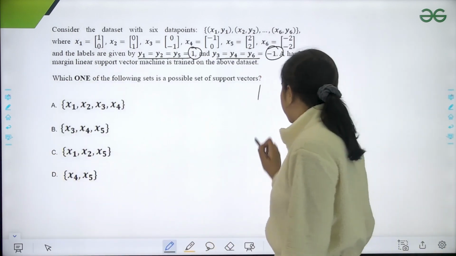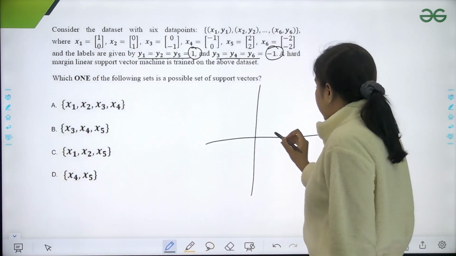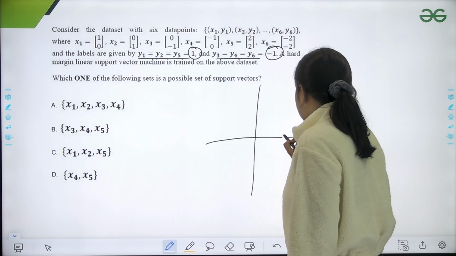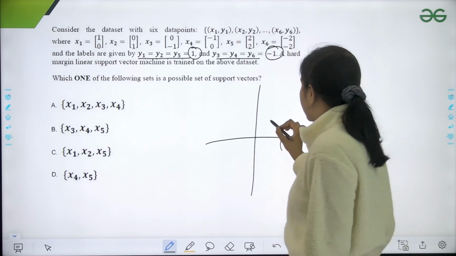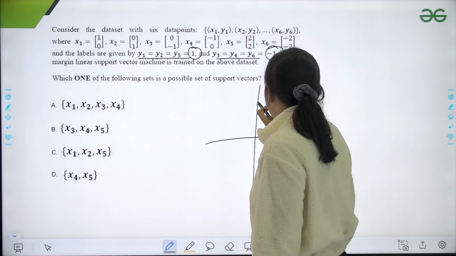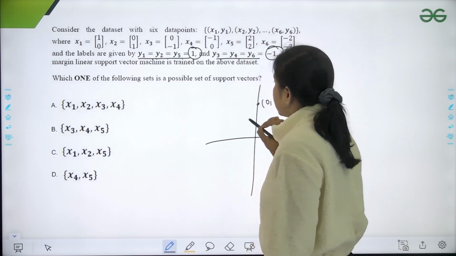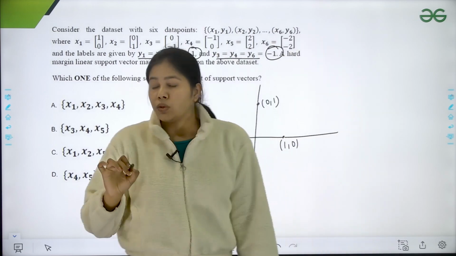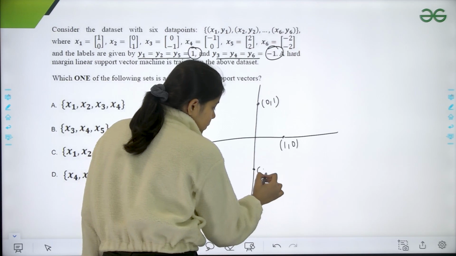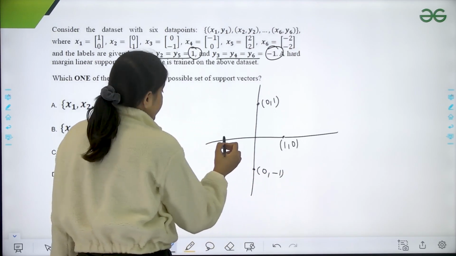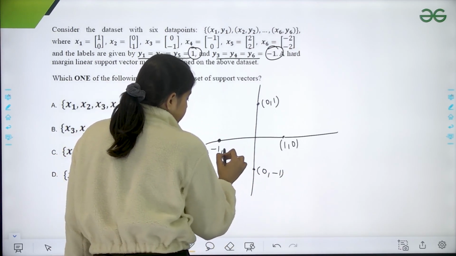So let's again plot this. (1, 0) is somewhat here, and (0, 1) is here, (0, -1) is here, and then we have (-1, 0) here.